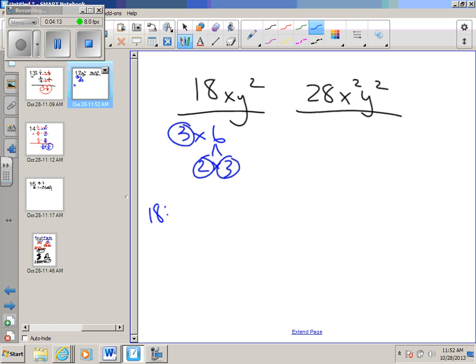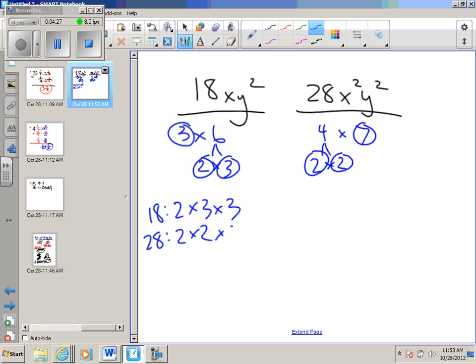So 18, we've got a 2 and 2 3s. The 28, 4 times 7, 2, 2, 7. Any questions numerically, how we got the factors, just without the variables?